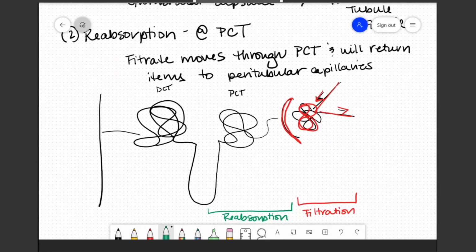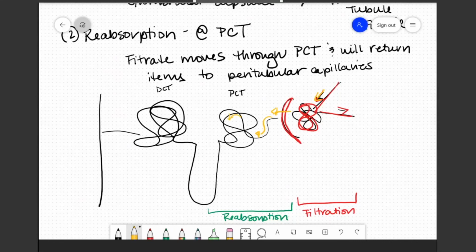And what I mean when filtrate moves through the PCT and will return items to the peritubular capillaries is we are saying that as things are filtered out over here, and it comes through here, and then it goes through this process.